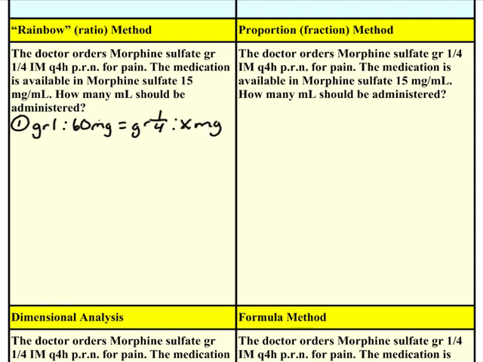We can do this by multiplying our means and our extremes. Grain 1 times X milligrams equals 60 milligrams times grain 1/4.